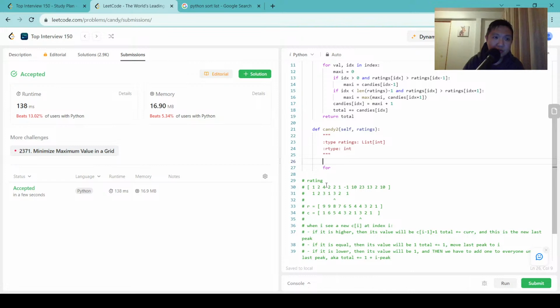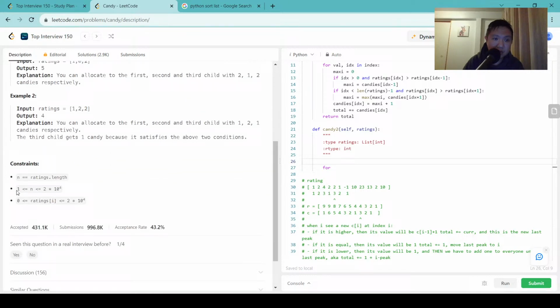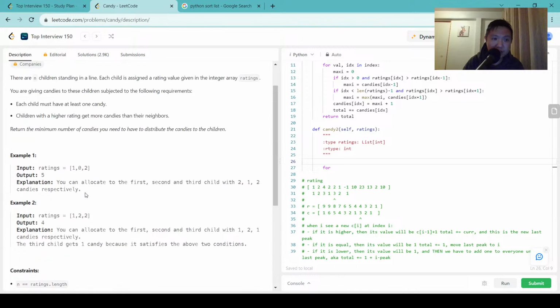So let's go back to the description. I'm going to check a little bit of something. Okay, n is at least 1. Okay, cool. So there's at least one thing in the rating. So we're going to assume that n is at least 1.